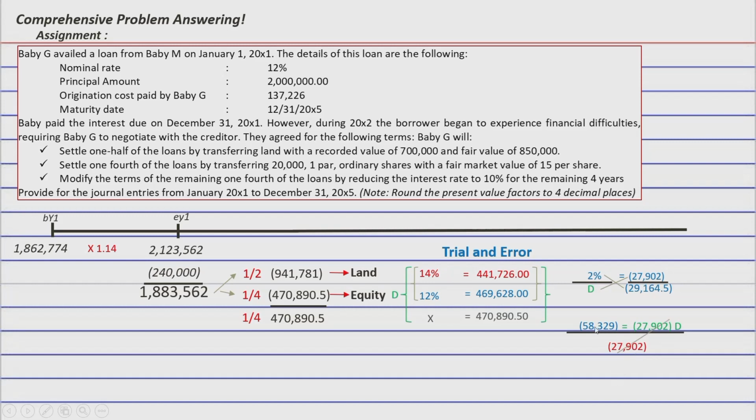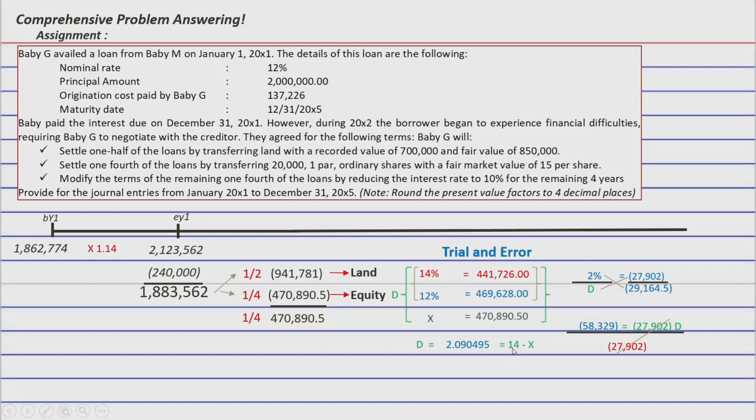And then, negative 58,329 divided by negative 27,902. So, that would make the D 2.090495. Now, this D, if you remembered, it's 14 minus x, right? So, let's put it here.